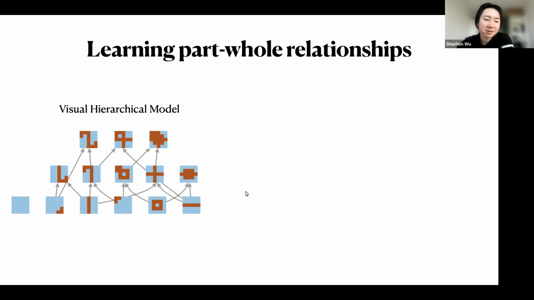It has these elementary units. My inspiration comes from Chinese characters, where you have some basic strokes, and these basic strokes can combine into more complex strokes, and these complex ones can combine into even more complex ones.